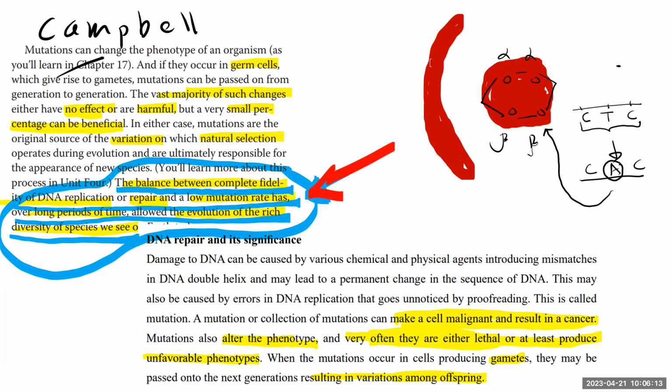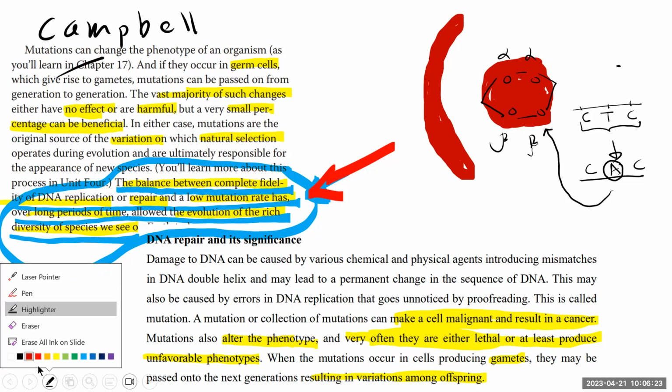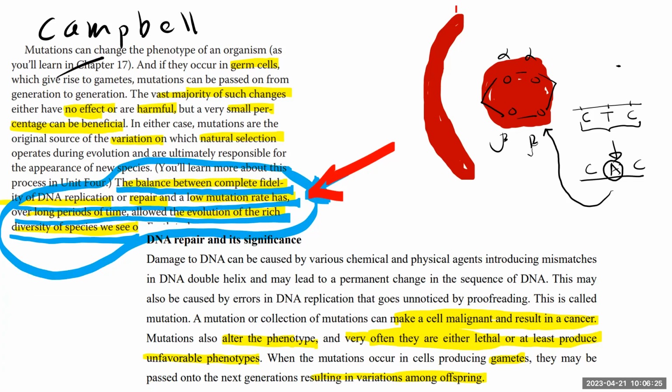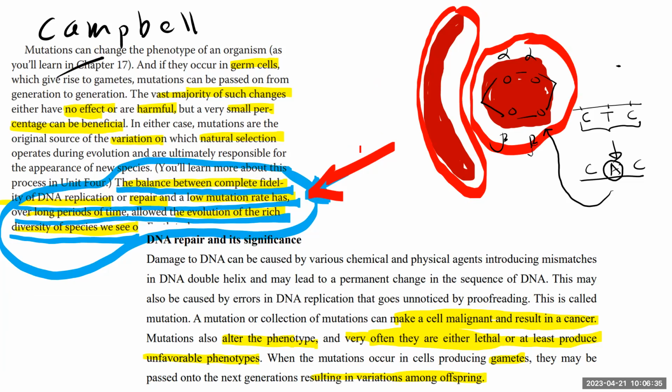With only one nucleotide change, it changed the structure of the protein completely. And this condition we're going to learn as sickle cell anemia. That's a red blood cell. So the red blood cell gets this kind of shape instead of the biconcave shape, just by changing one nucleotide.